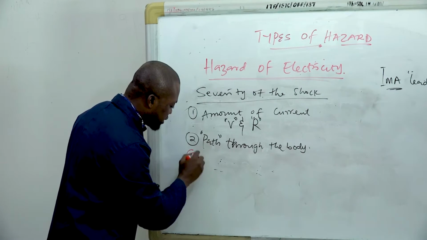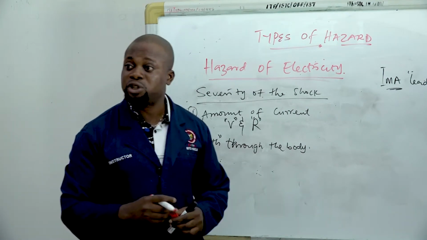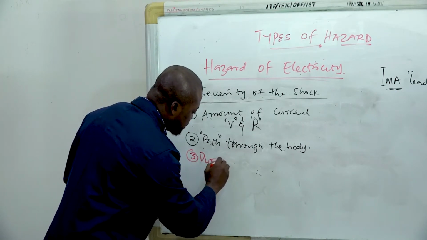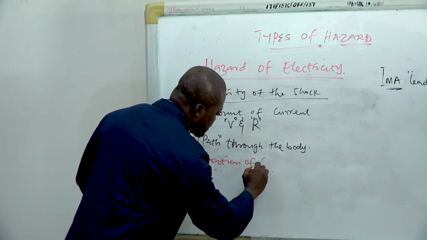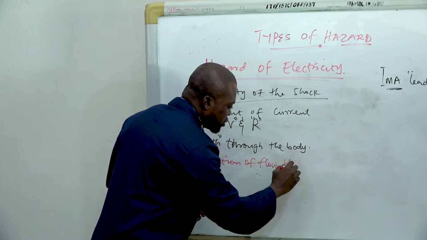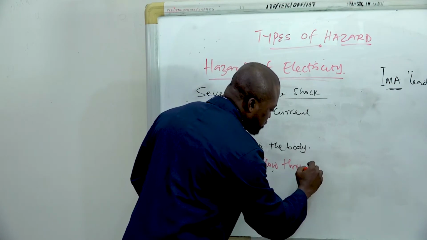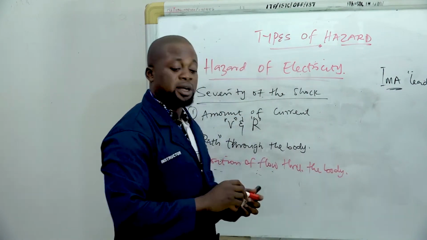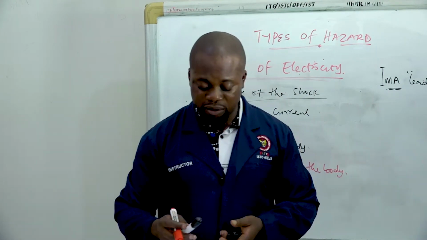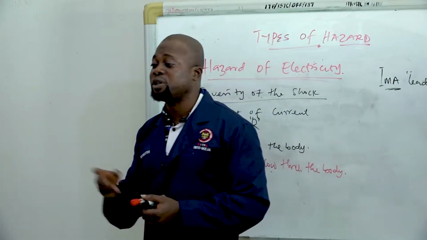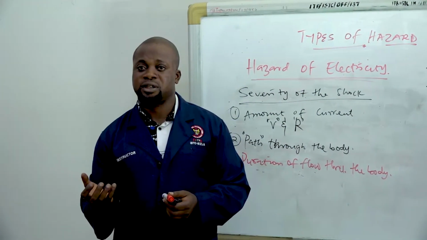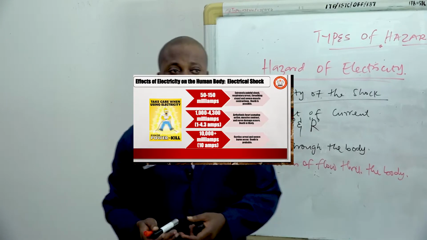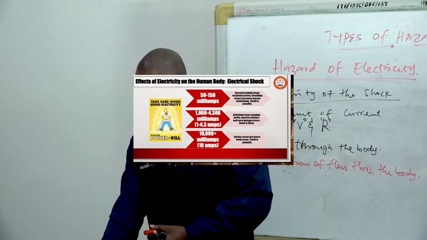Another factor we looked at is the duration of flow through the body. Like I always say in simple language, there are some amounts of current that freeze the human body. It makes you hang. That is why you see some scenarios where somebody makes contact with electricity and just cannot let go.